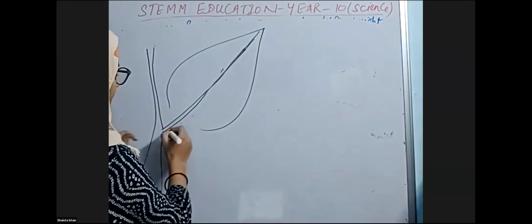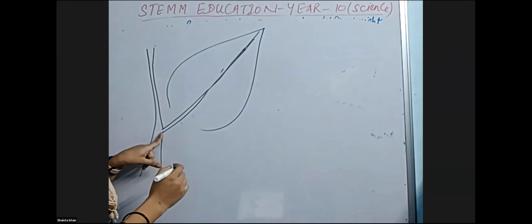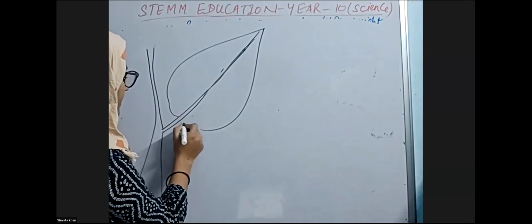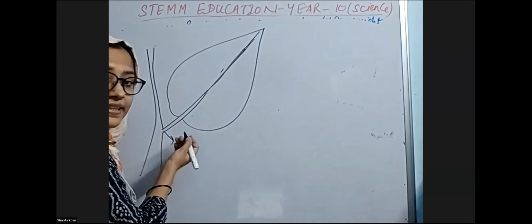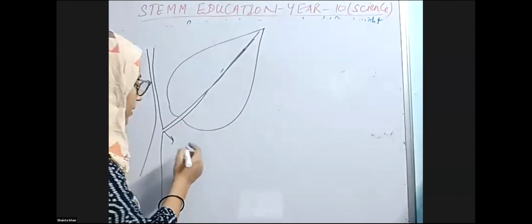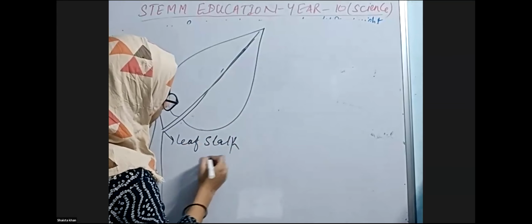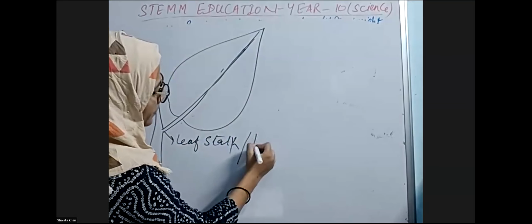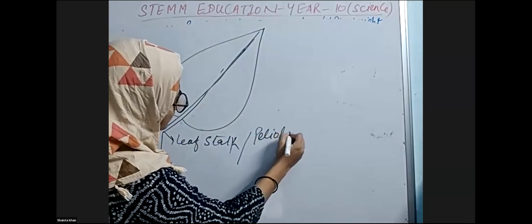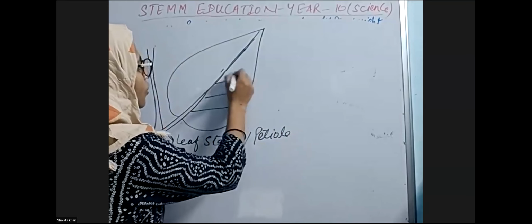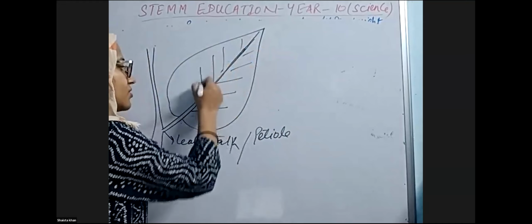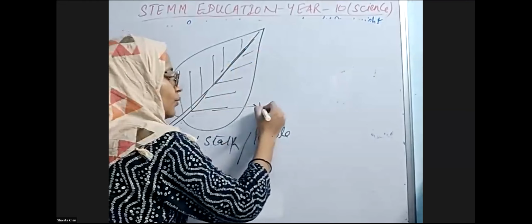This part is connected to the stem. This is known as the leaf stalk. You can call it either a leaf stalk or a petiole. The small, thin hair-like strands are known as veins.